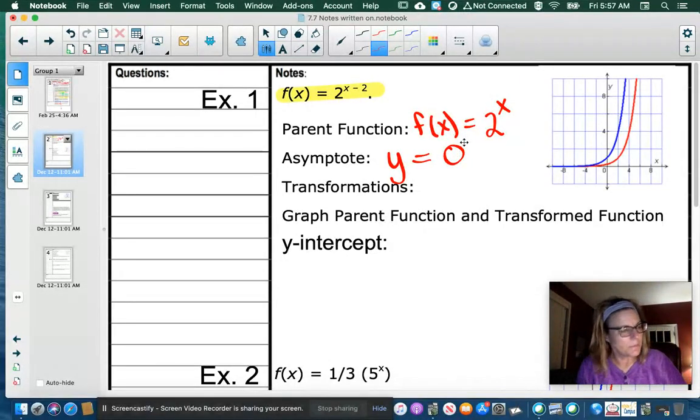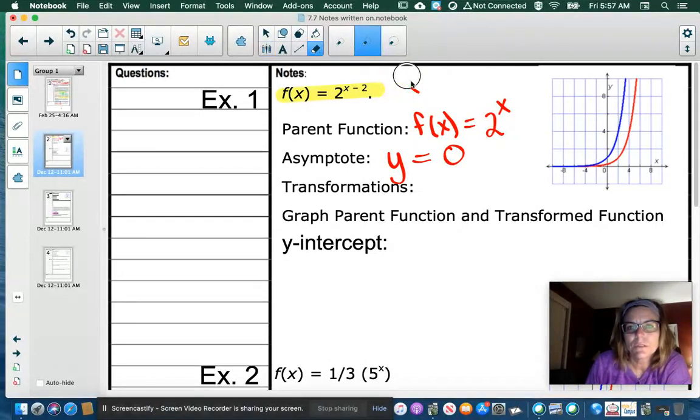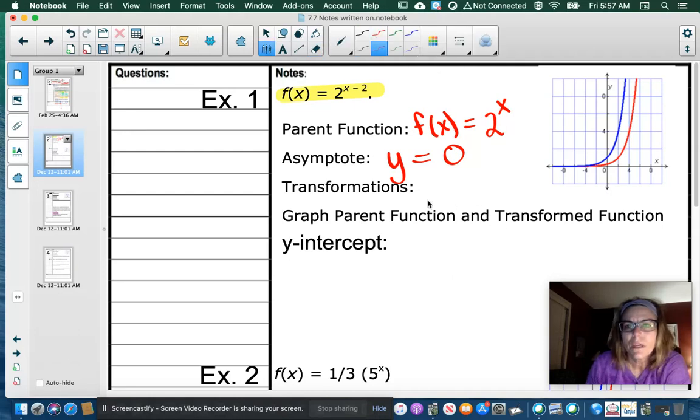There may be times where it is not y equals 0, and we will cover that. And it's basically because there's nothing added or subtracted out there. Transformation, because the exponent is changing and it's x minus 2, we're going to the right 2.